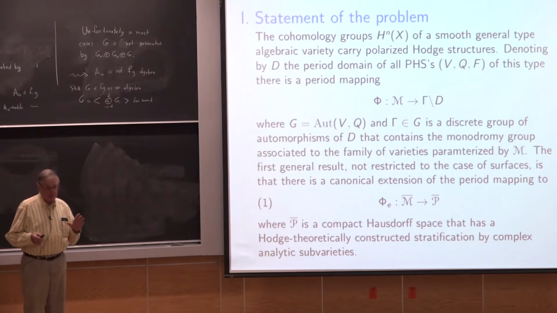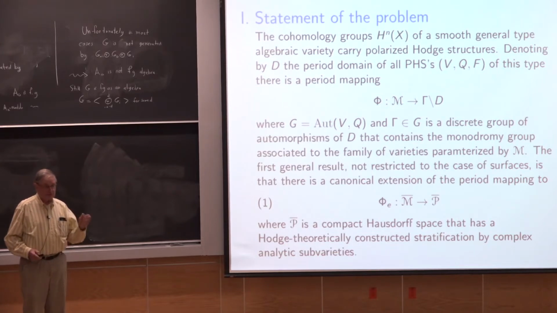It's a linear algebra object, and the space of all such Hodge structures forms what's called a period domain. And if you have a moduli space, taking the Hodge structure on the corresponding smooth projective variety gives you what's called a period map.